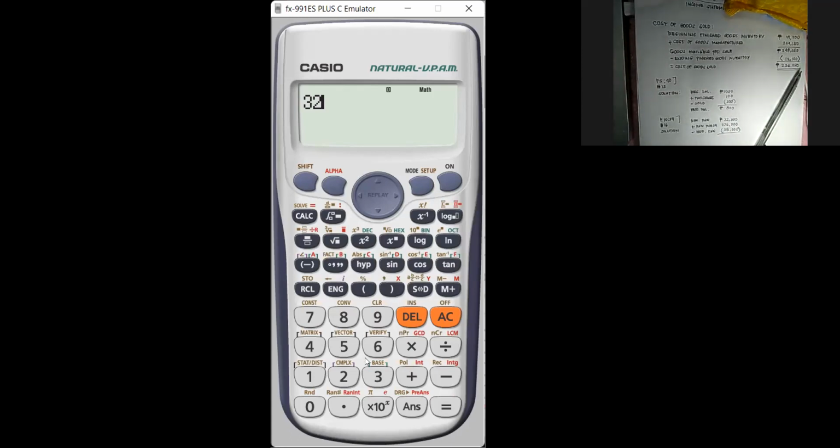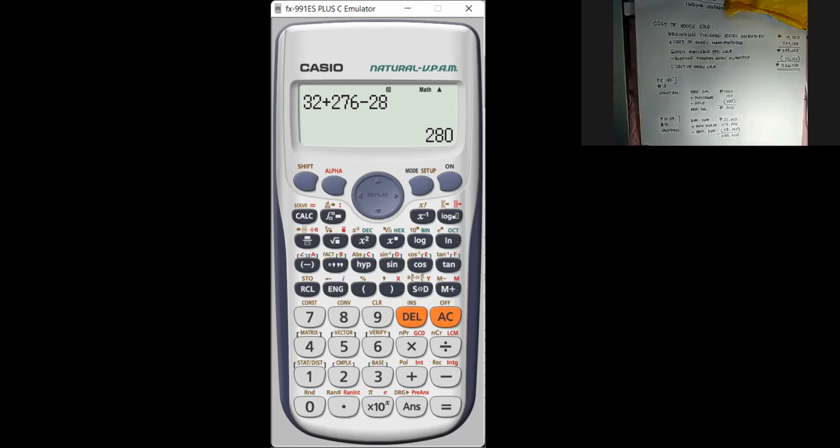So I will only use 32 to represent 32,000 plus 276,000 and then minus 28 because that is inside the parentheses. And the answer is 280,000. Is that correct? 280,000.